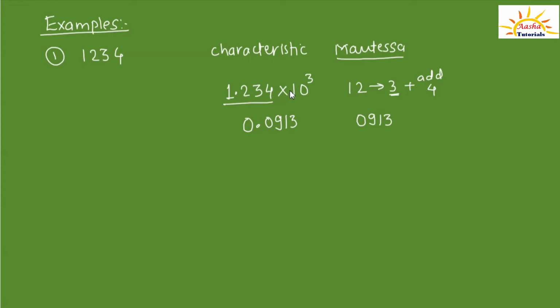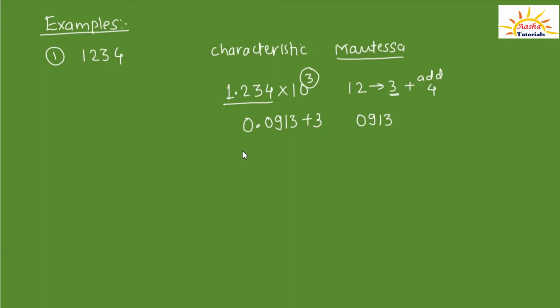That is 0.0913, and here it is multiplied by 10 raised to 3. As this is a common log with base 10, whatever this power is represents the log of this. So the log of 10 raised to 3 is 3, and as this is a product, we can add these two.